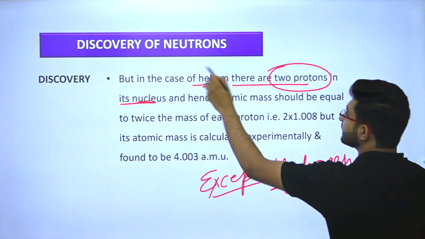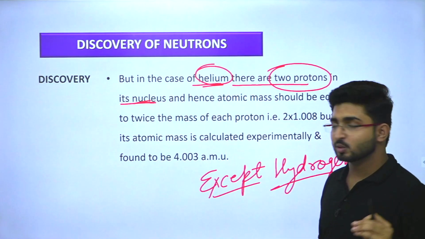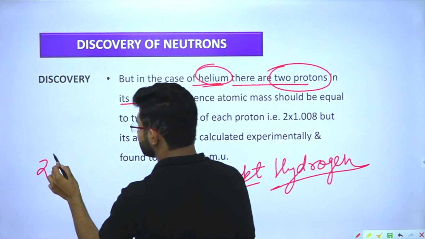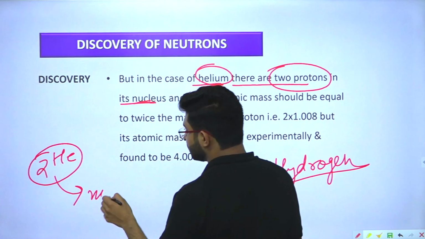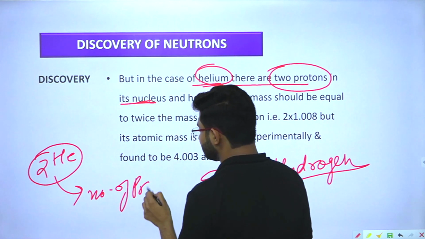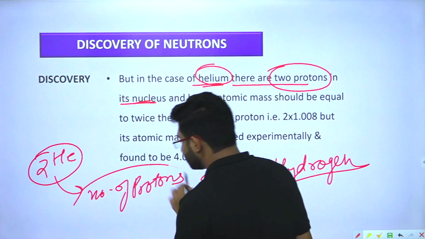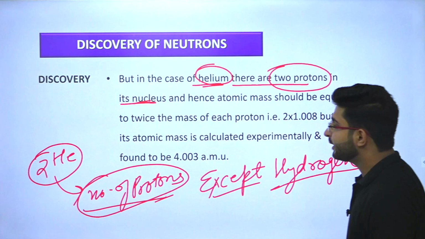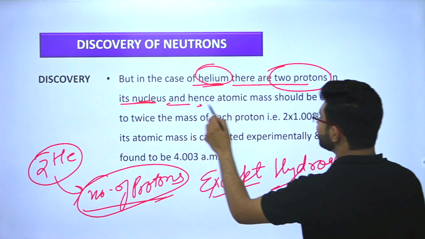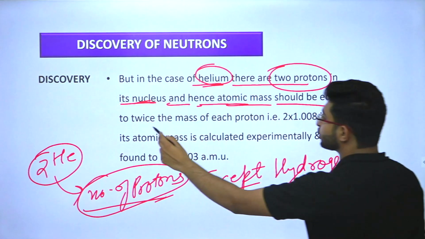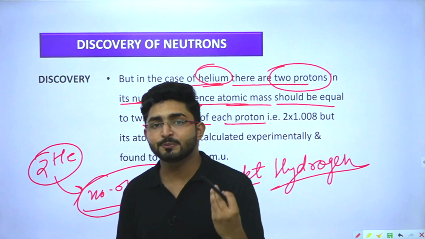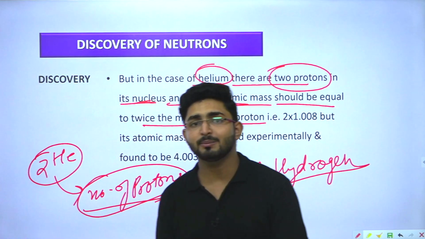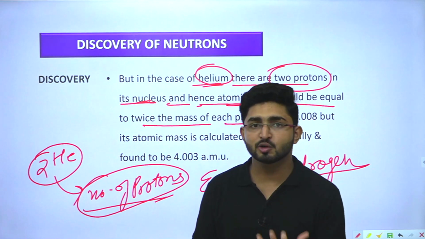We know that very well, because the atomic number of helium is 2, and that's why the number of protons is also 2. We will study it further, but here you have to consider this. Hence the atomic mass should be equal to twice the mass of each proton, because the total mass of protons contributes to the mass of the whole atom.